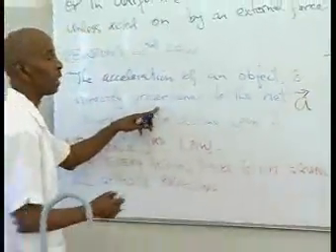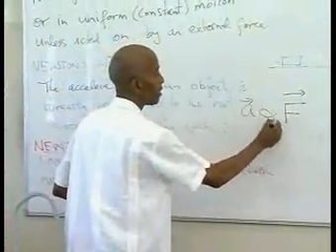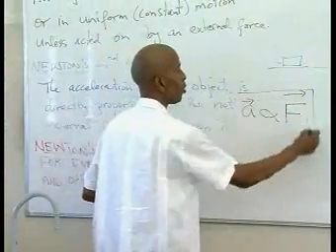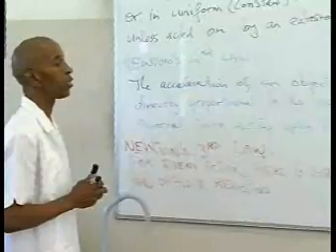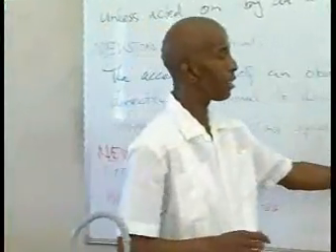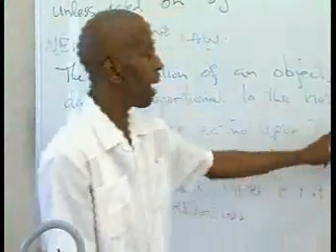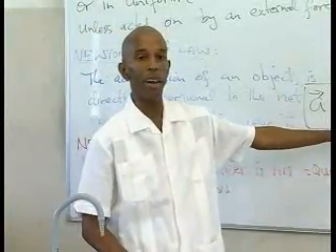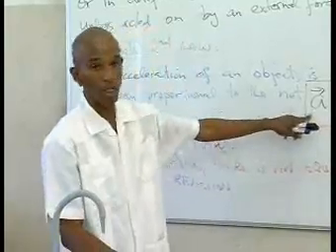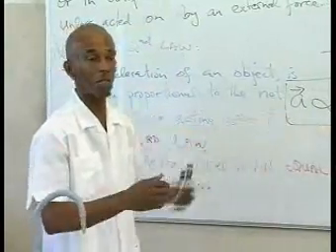I have a proportionality here, so I can say that a is directly proportional to F. If I increase my force, my acceleration will increase proportionately. If I increase it by a factor of 10, the acceleration will also increase by 10, and so forth.